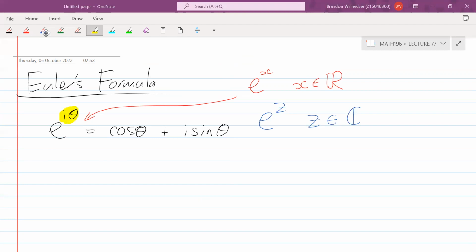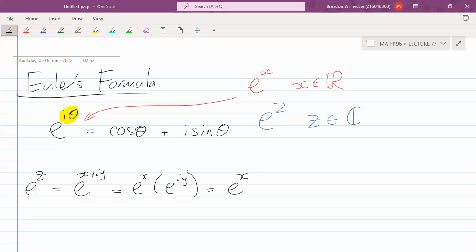But that's fine, because e to the z is the same as e to the x plus iy. We can always split this up using exponential properties. So that's e to the x times e to the iy.